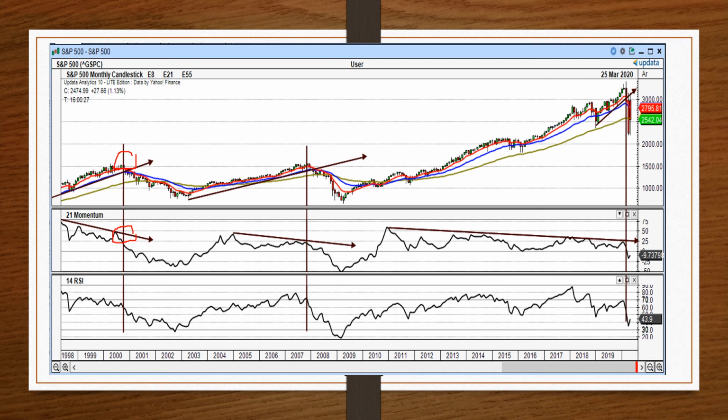And I looked back after a couple of years of training and said, yeah, that's what I would do. And lo and behold, 2007, 2008, the same setup. We've got a high being created in the S&P, and we don't have a new high being created in the rate of change. Put on a trend line and get out as that is crossed.